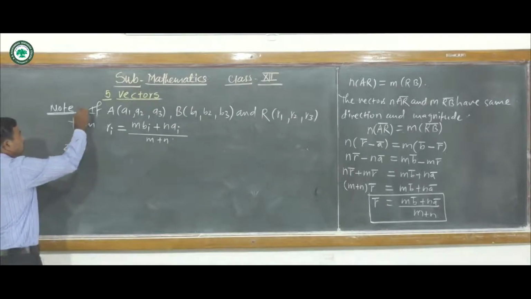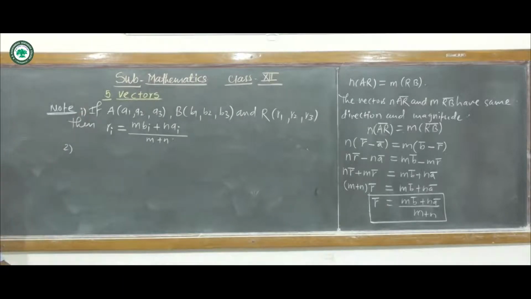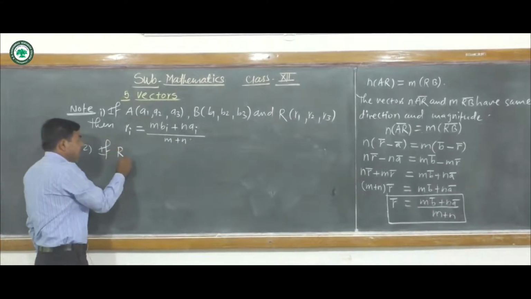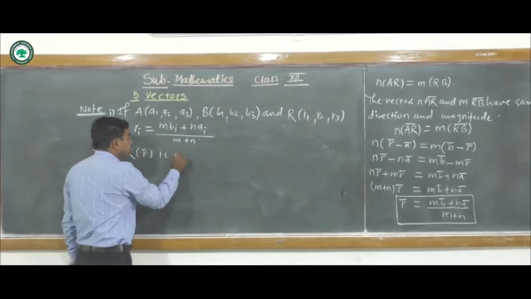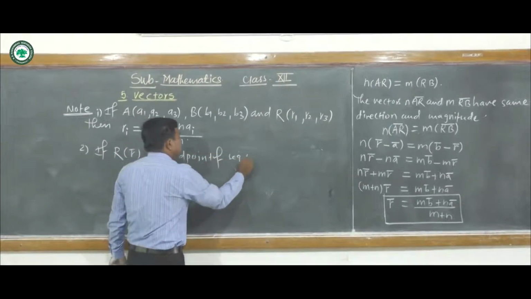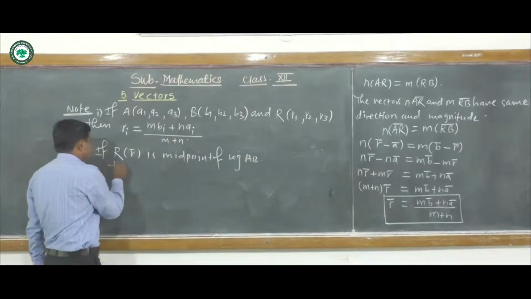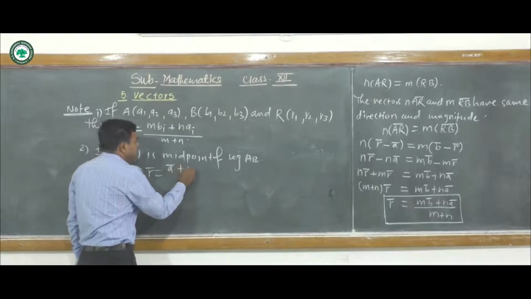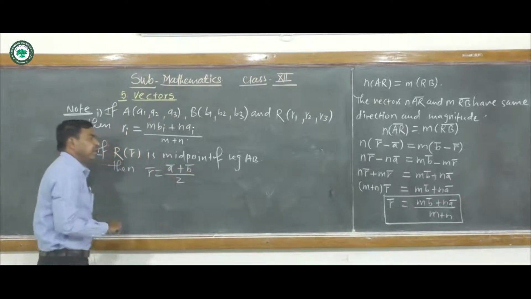Note number 2. If point R divides the segment AB internally in the ratio 1:1, that is, if point R with R bar is the midpoint of segment AB, then R bar is equal to (A bar plus B bar) divided by 2, if it is the midpoint.